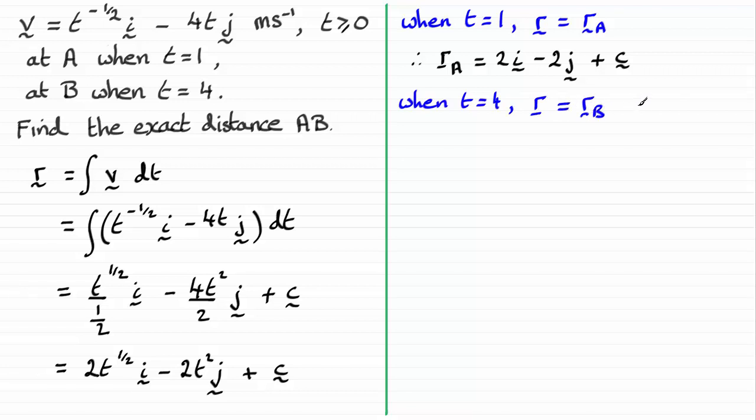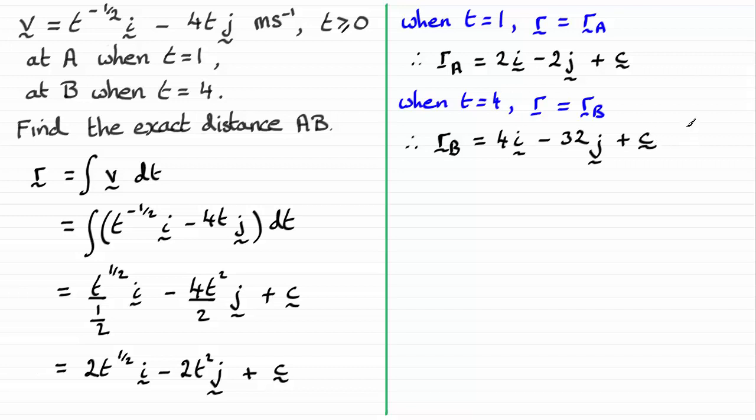It's at B. And therefore, if I do much the same, substitute into here, we're going to get RB equals, and putting the 4 in, square root of 4 is 2, so you're going to get 2 times 2, so that's 4i. And then you've got 4 squared, 16, times that minus 2, that's going to give me minus 32. So that's minus 32j, and we're going to have the same constant of integration plus c.